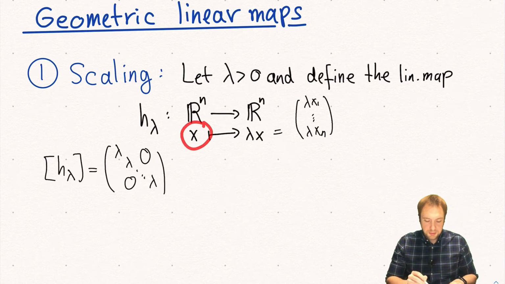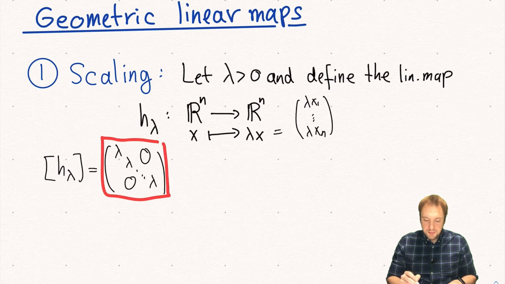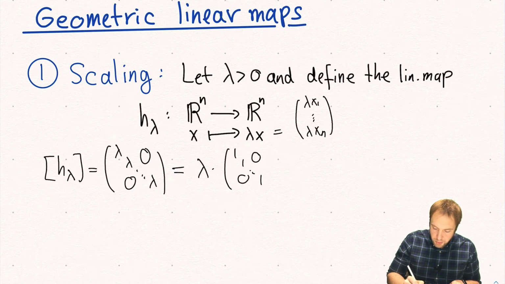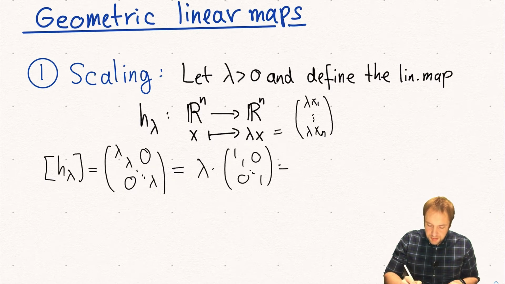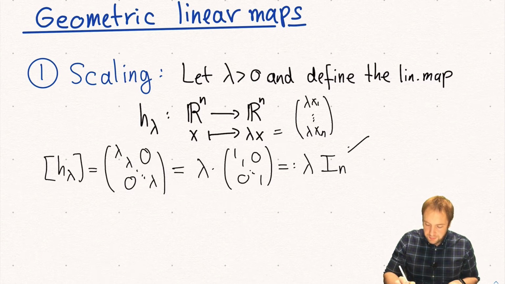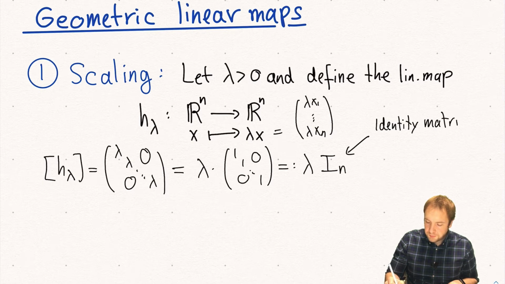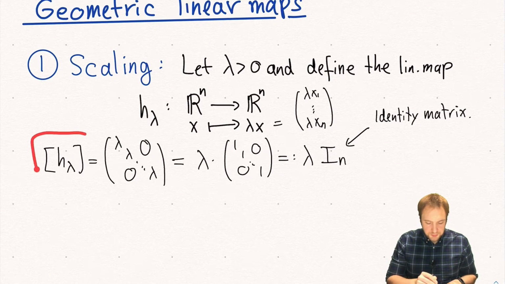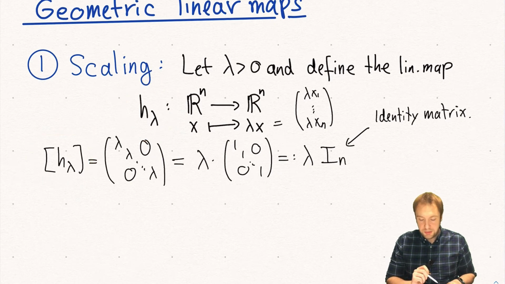Because if I multiply a vector with this matrix, then I just multiply each entry by this factor lambda. And this we can also write as lambda times this matrix with 1s on the diagonal, and everywhere 0 except on the diagonal. And this matrix we also give a name, and it also appeared before. This is the identity matrix, which we denote by I_n. So this is called the identity matrix. Okay, so this is the matrix of this linear map h lambda.